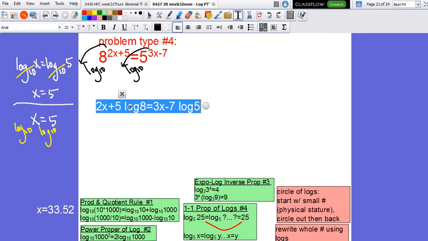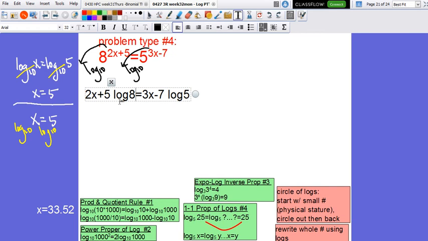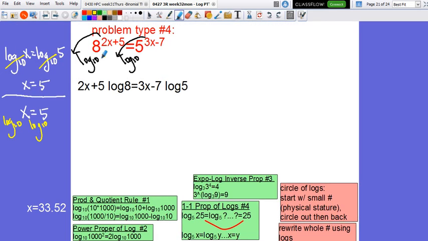Now notice that I did not put the tens here. If there's no little number here and here where the two yellow highlights are, it's assumed that it's 10.